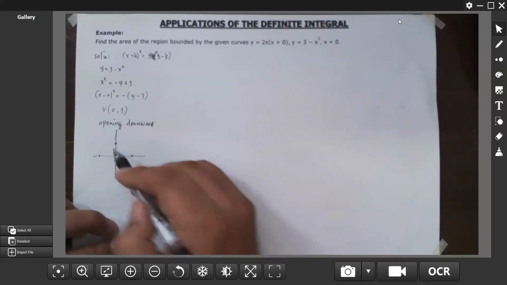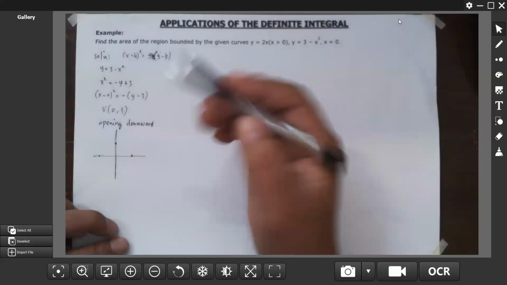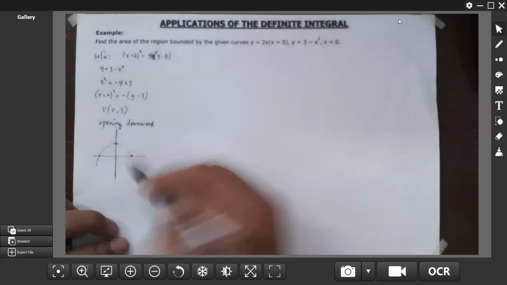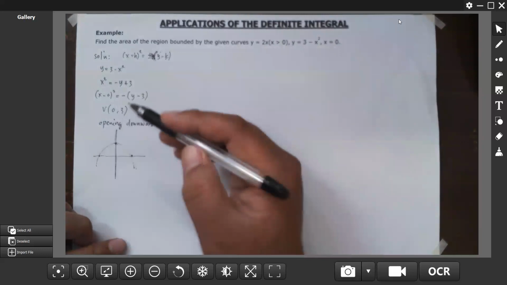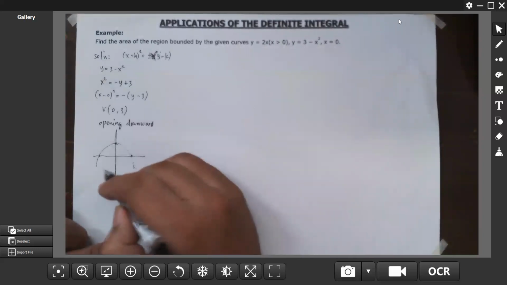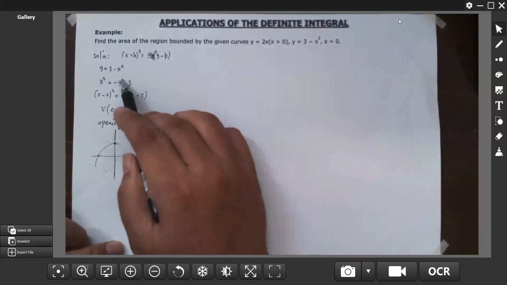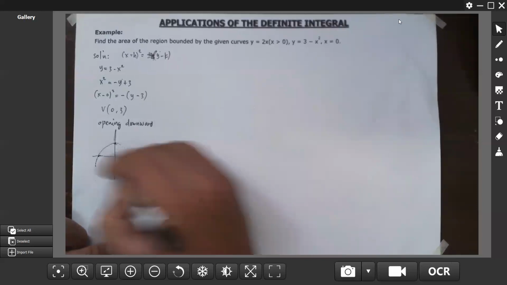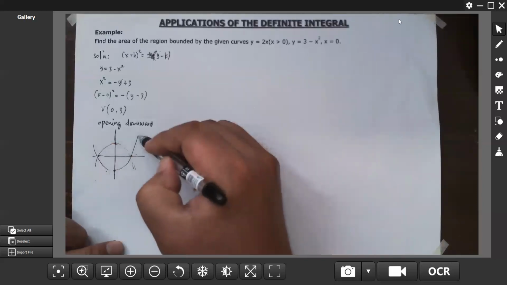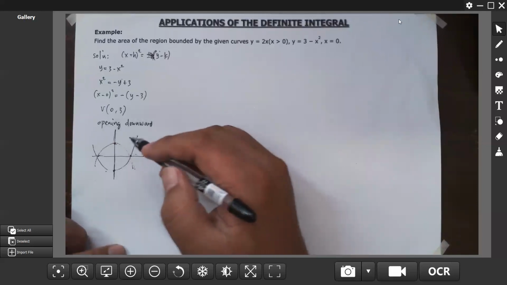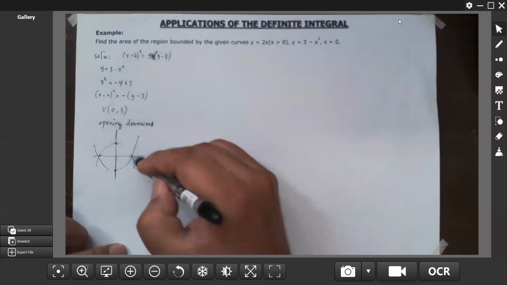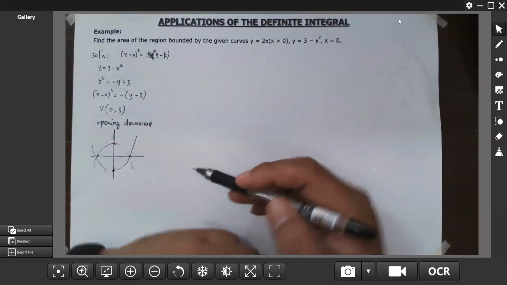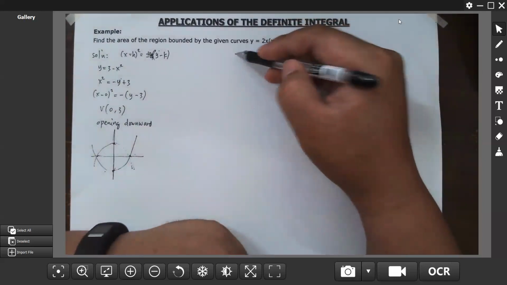So it's either opening downward or opening upward. So this is my technique, using exponents. 1 for y, 2 for x, so it's either upward or downward. Pag y squared and then x, 1x, 2y, either left or right ang opening. Okay, so let us sketch the graph.